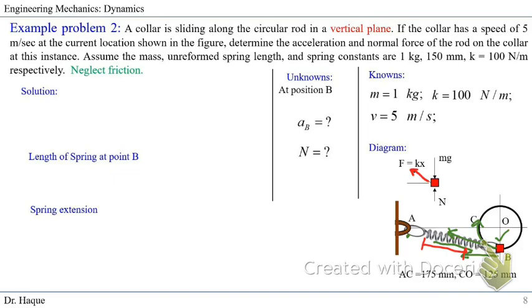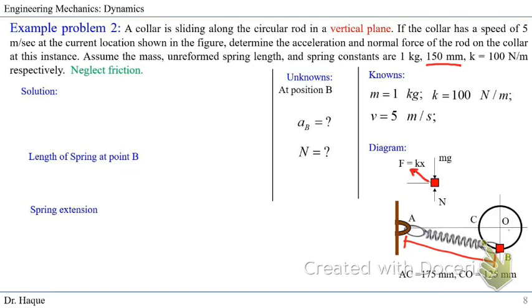It's given that the original length of the spring is 150 millimeters. So if we know the total length of the spring here, then we can know how much the spring is elongated at that position, and then we can use that to find the force at that location.